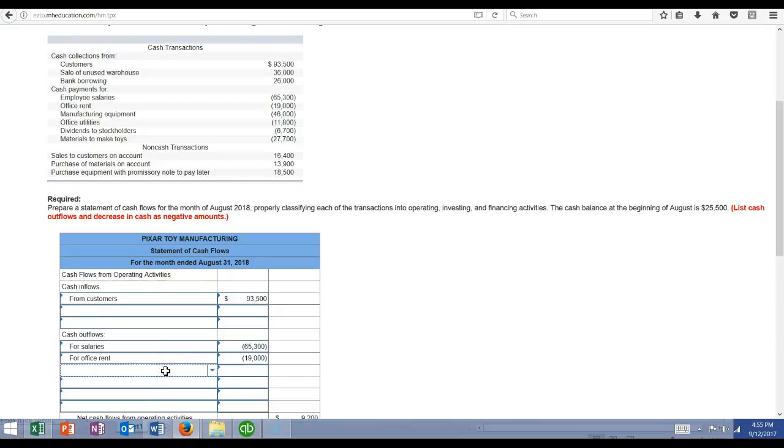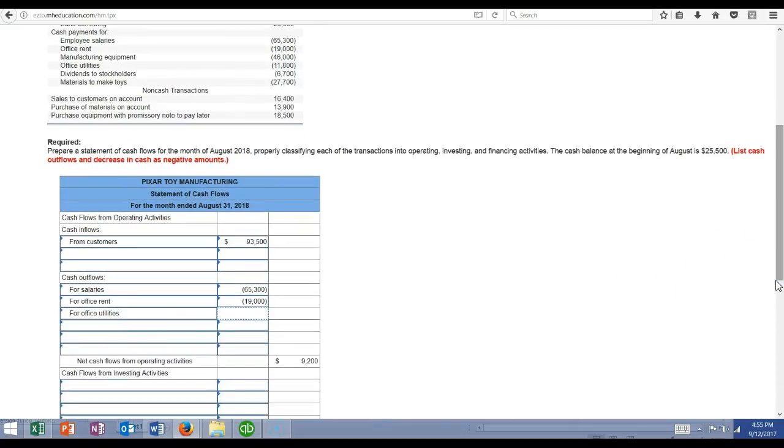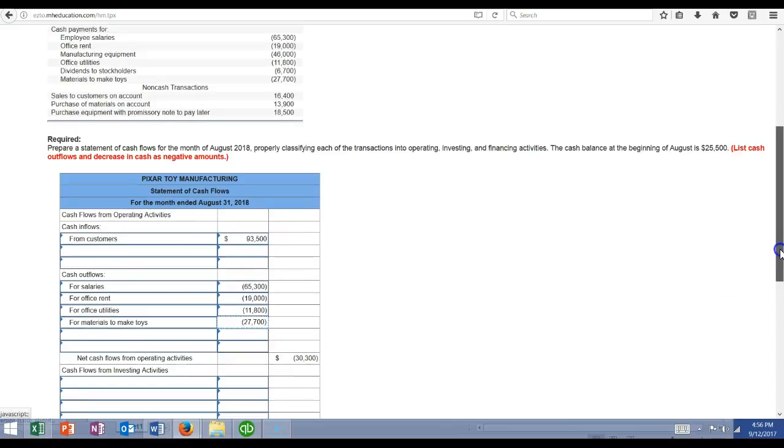Then we have office utilities, minus $11,800. For materials to make toys, minus $27,700. Remember, if it's a cash outflow, you need to have it in parentheses.